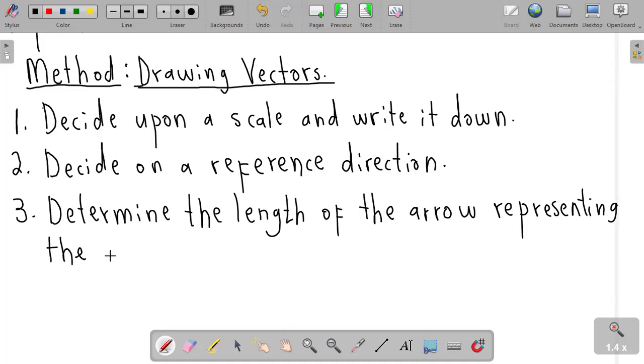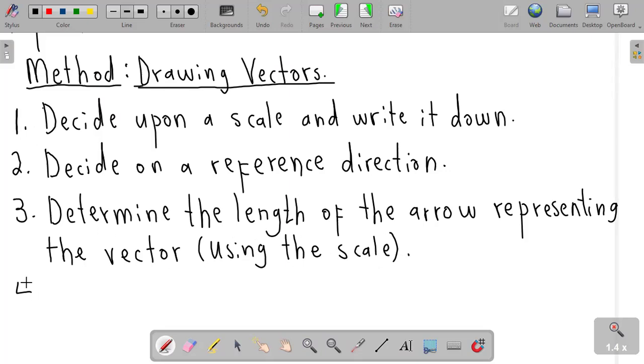So we use the scale. The scale that we chose in the first step is the one that we're going to use to determine the length of the arrow.